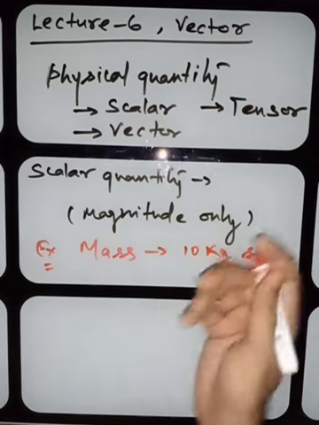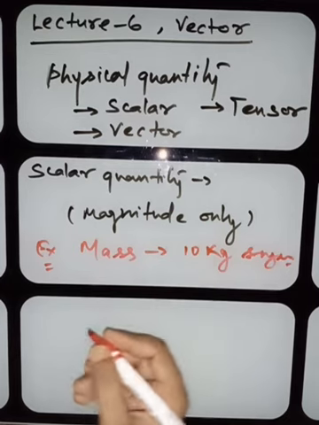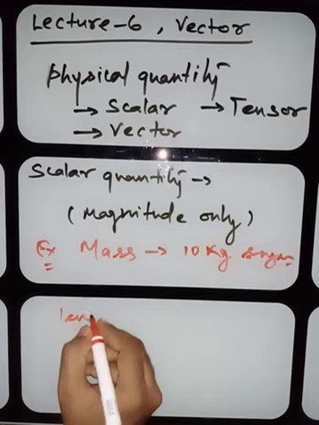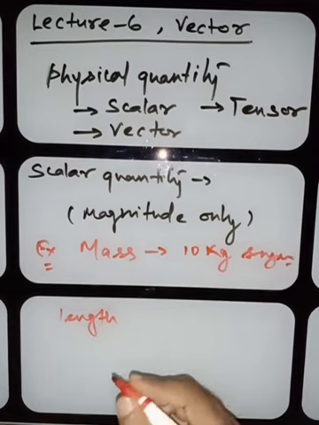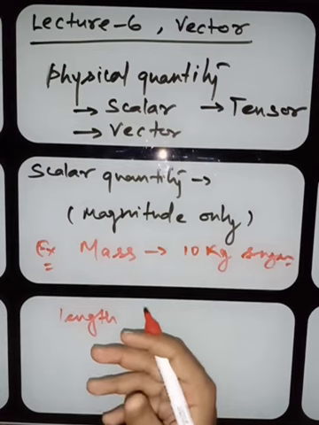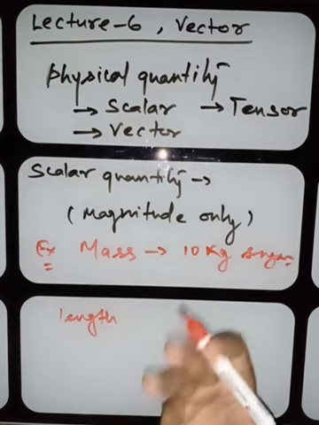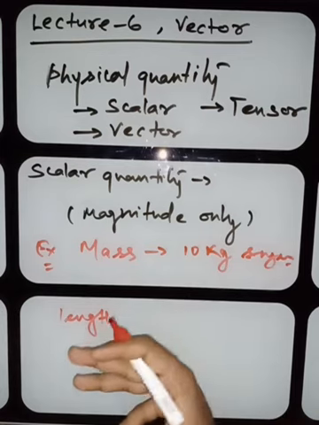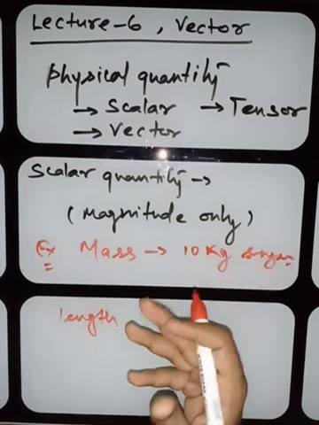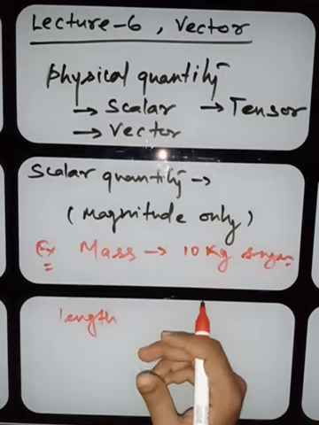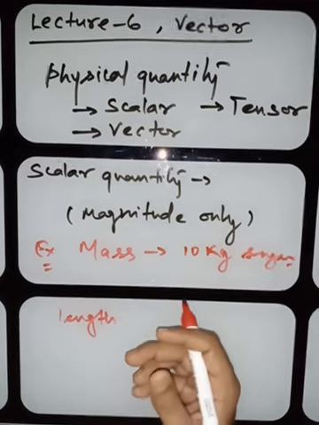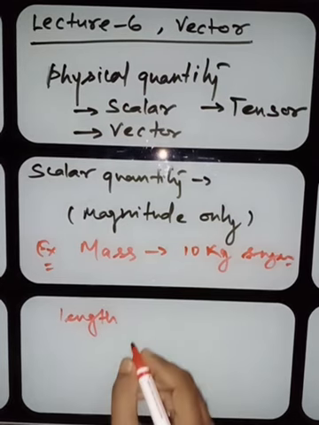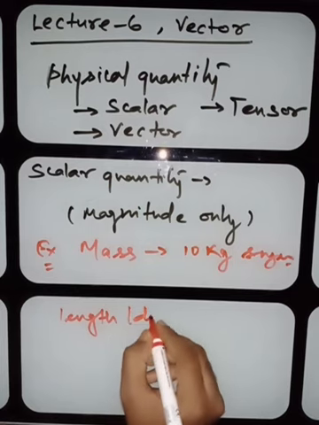Alright, length can also be considered a scalar quantity. Remember, length can be a scalar or vector. Length is distance, and length is also displacement. So when we talk about the length, it could be the distance or displacement. But here I am talking about the distance.